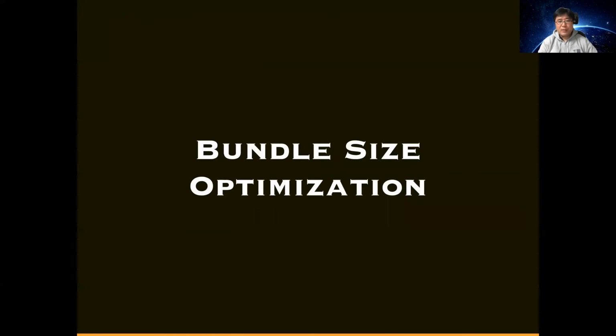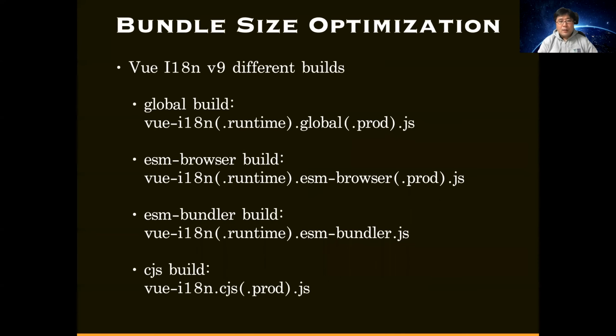Next, Vue I18n version 9 also provides mechanisms for bundle size optimization. Vue I18n provides different builds for use in different situations. Global builds, AMD builds for CDN delivery, ES browser builds for ES module enabled browsers, ES bundler builds for use with bundlers, and CJS builds for use with Node.js.